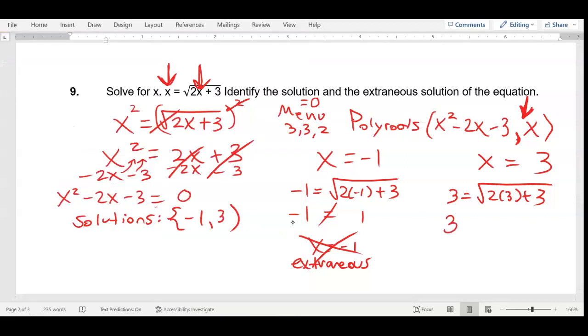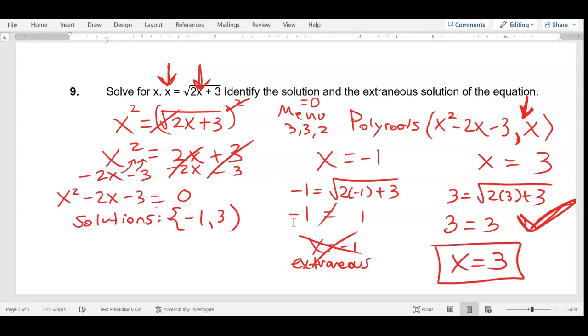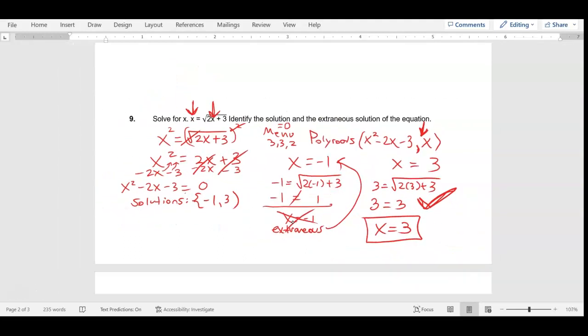Positive 3. That checks out. X equals 3 is my only solution because negative 1 was extraneous. It gave me a weird thing right here. All right, that's number 9.